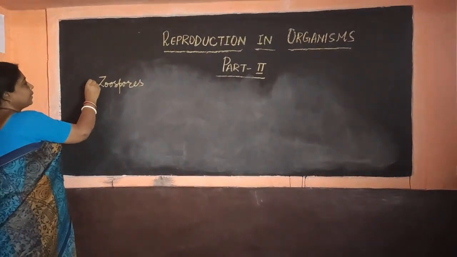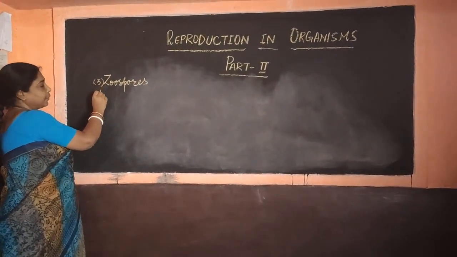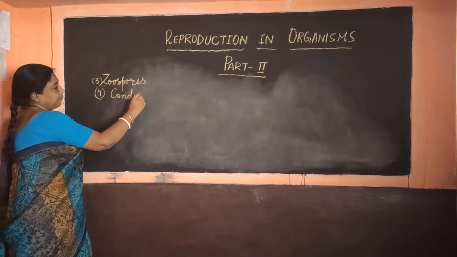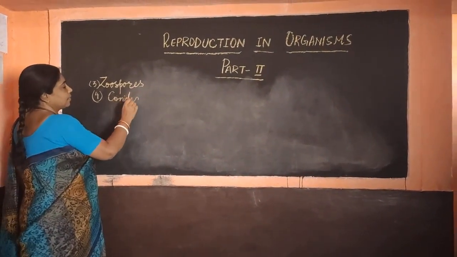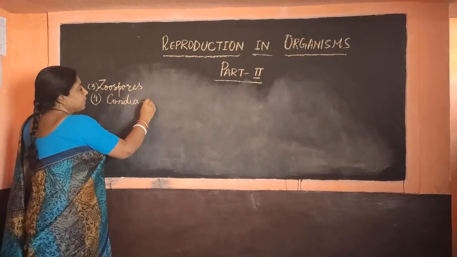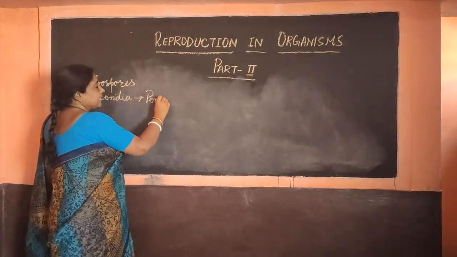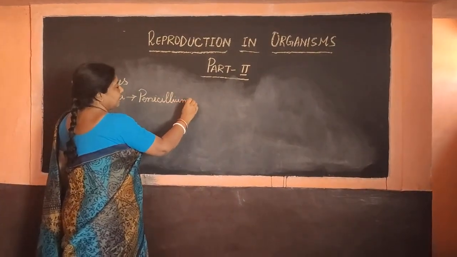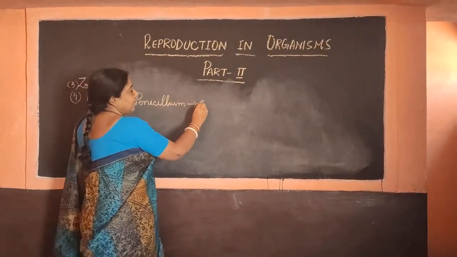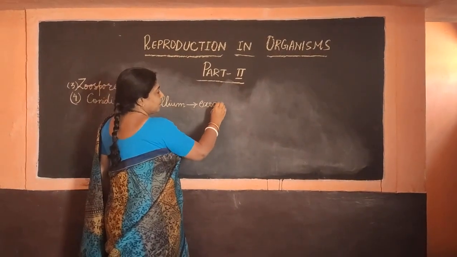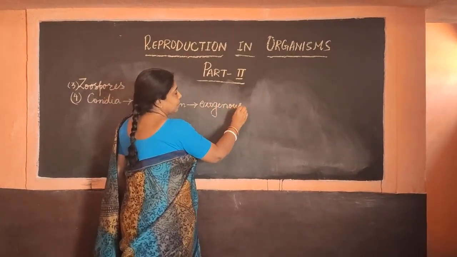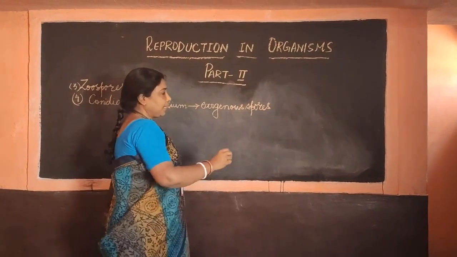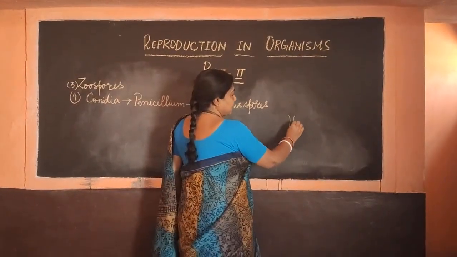Now the next one which we are going to deal with is conidia. Sorry children, this is conidia. The best example where we can see this is Penicillium, which is a fungus. And these are exogenous spores. I will show you why it is said to be exogenous.